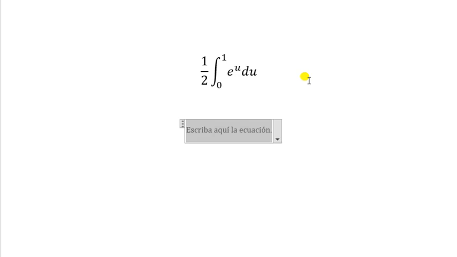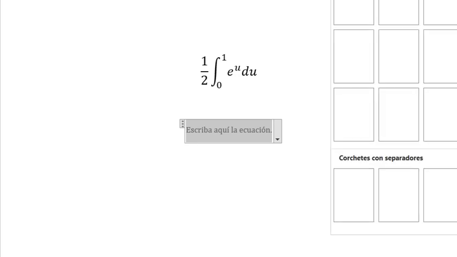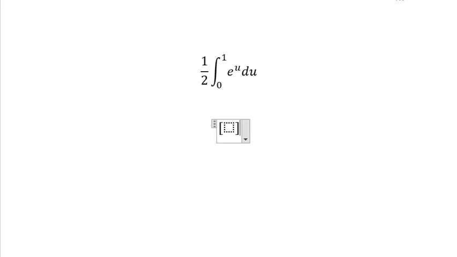So we end up with the answer 1/2 of e to the u, and we are going to evaluate it from 0 to 1. So in order to evaluate it, we just need to substitute 1 into u and subtract it when substituting 0 into u.